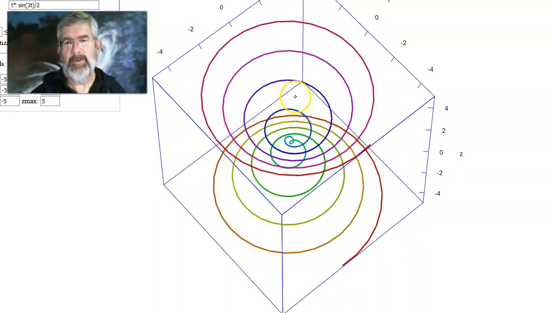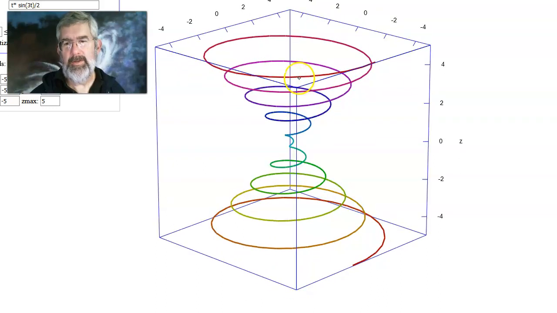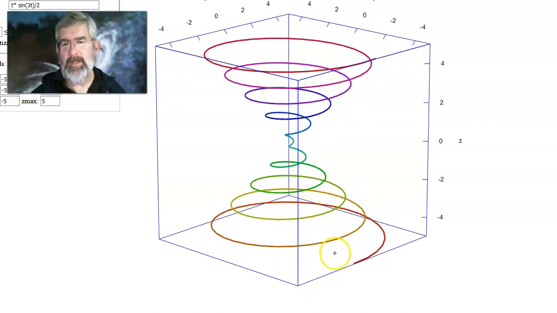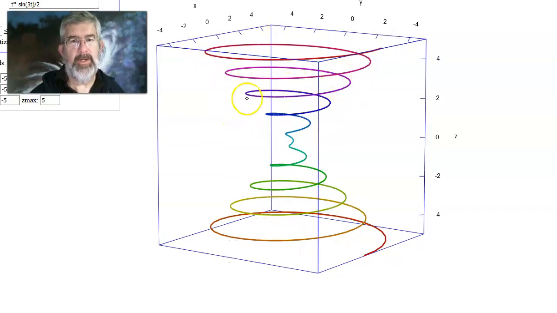Looking at it from different angles here, you can see when t is on the negative side, z would be on the negative side, and it climbs. The z just keeps getting bigger and bigger as it goes up. But what's happening is the x and the y are going around initially smaller and smaller circles until it gets down to the radius 0 circle. Actually, radius negative, right? These are all negative radii. And then you get to the positive radii, so they get bigger and bigger as you go out here.